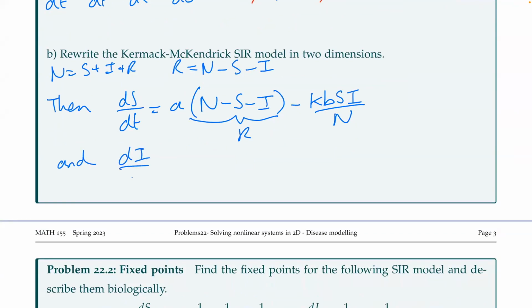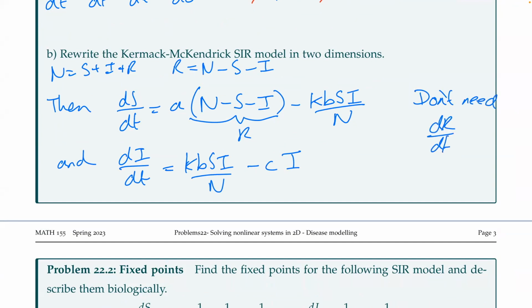And our dI/dt doesn't change either: kβSI over N minus cI. Because we know what R is, we don't need dR/dt. So this means we've reduced our problem from a 3-dimensional problem to a 2-dimensional problem with just these two equations.